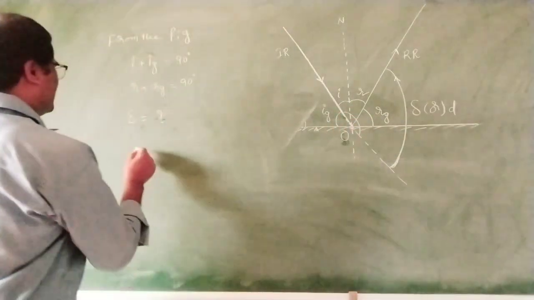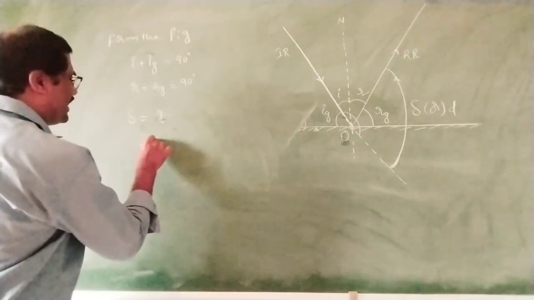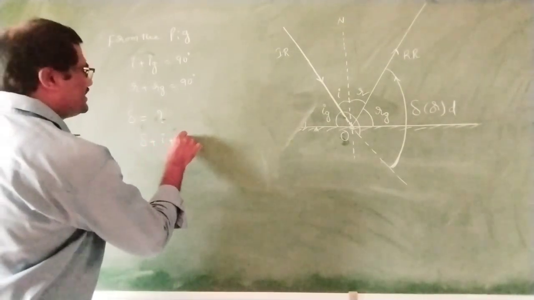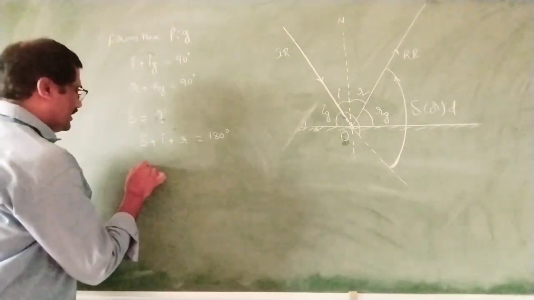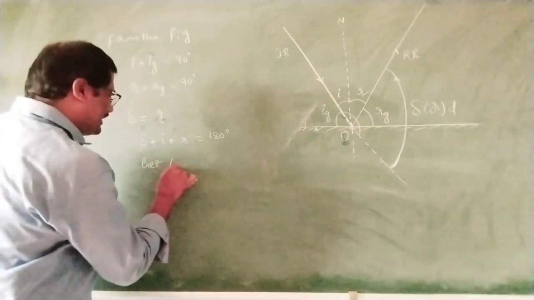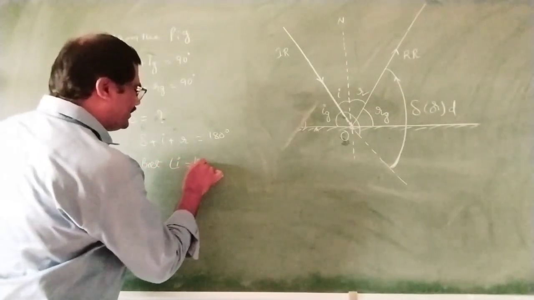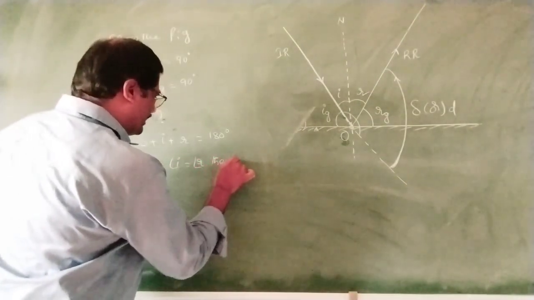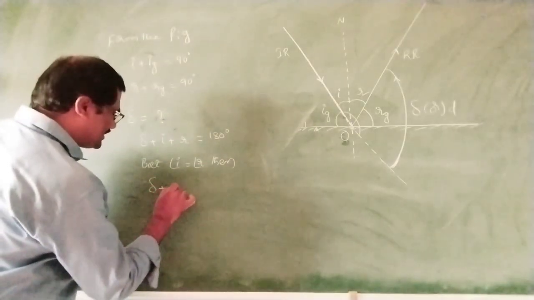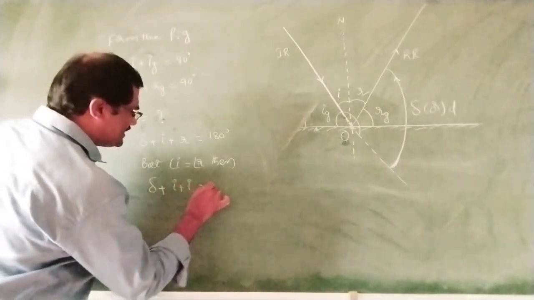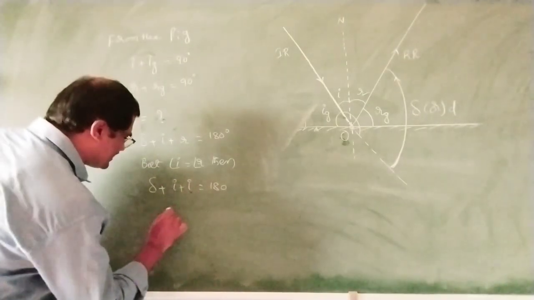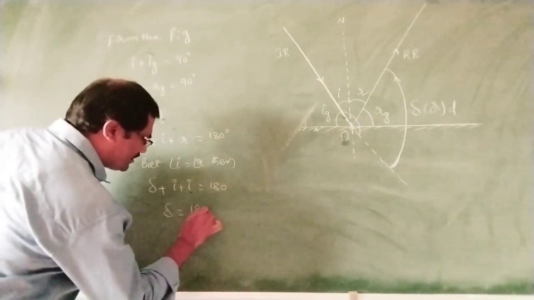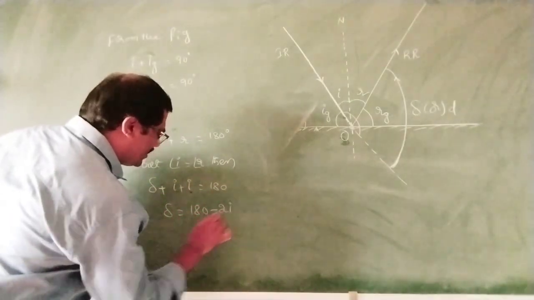That is, delta plus I plus R is equal to 180 degrees. But angle I is equal to angle R, so delta plus 2I is equal to 180 degrees. Delta is equal to 180 minus 2I.